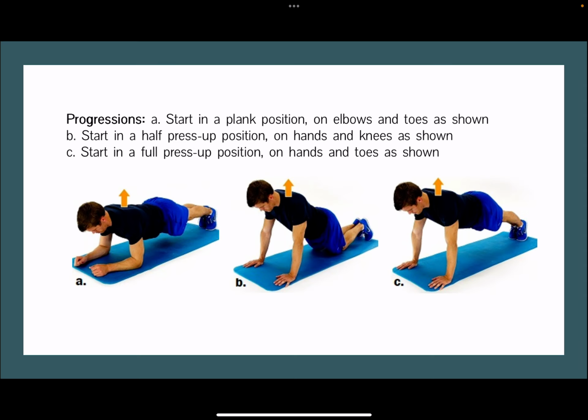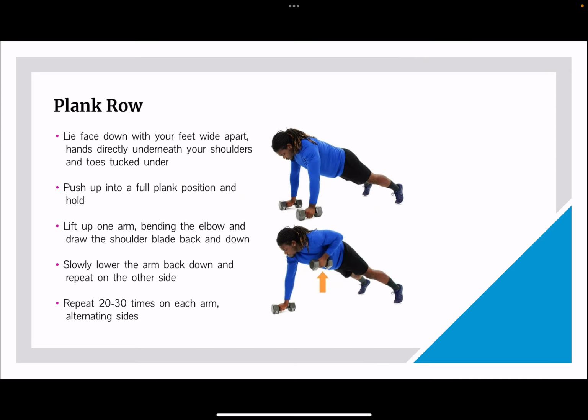Plyometric exercises like that, push-ups, plank row, he pulled the dumbbell toward his chest like that, flexion and extension, and reciprocal motion between right and left upper limb. Repeat 20 to 30 times on each arm, alternating sides.